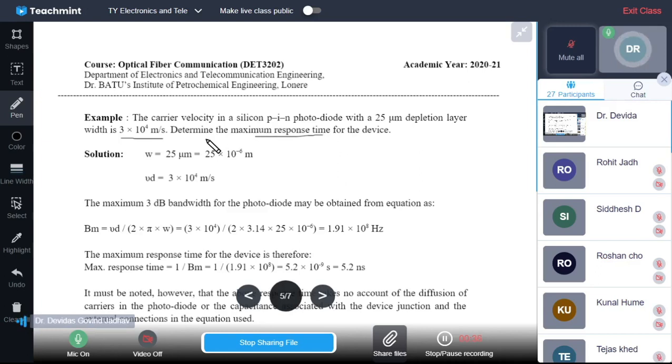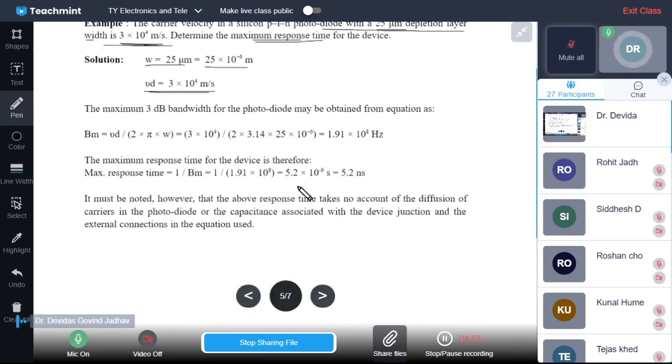So carrier velocity is given. Width is given, W. So W is 25 micrometer, 25 into 10 raised to minus 6 meter, of the depletion layer width, and the carrier velocity Vd is 3 into 10 raised to 4 meters per second. What we have to determine?